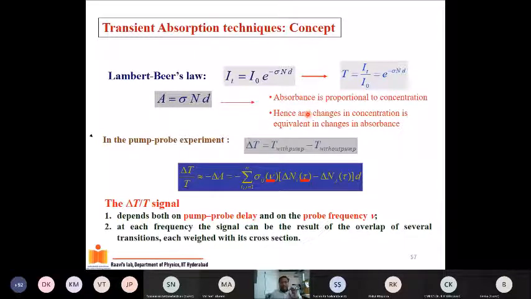It is simple to understand that a pump probe measurement is a function of the spectrum at which you are probing and also the time at which you are probing. So once you excite a sample, you can probe at various time scales, and at different time scales, the way the system evolves can be captured using this experiment.